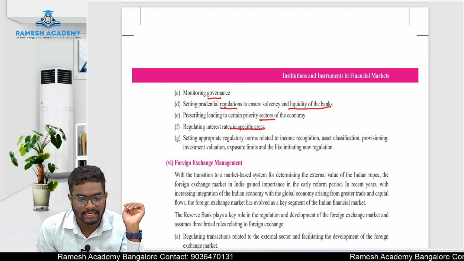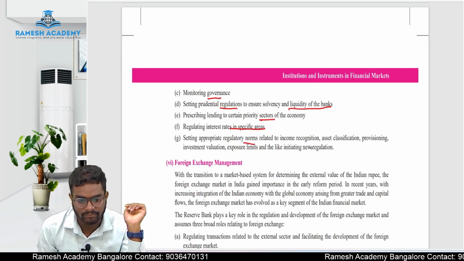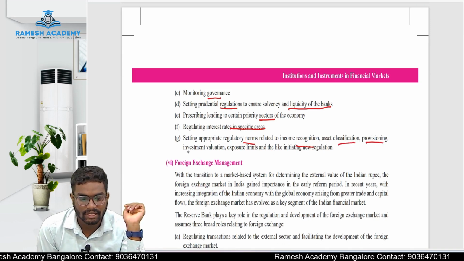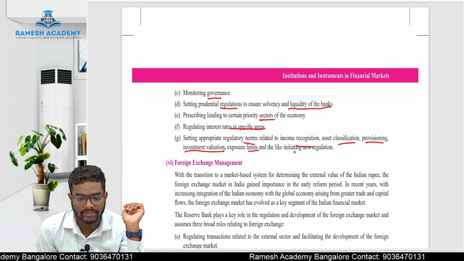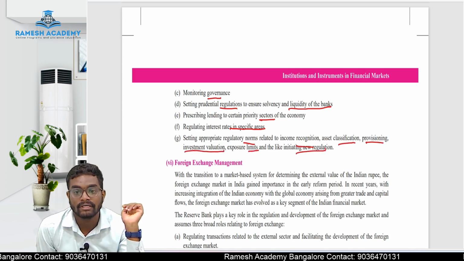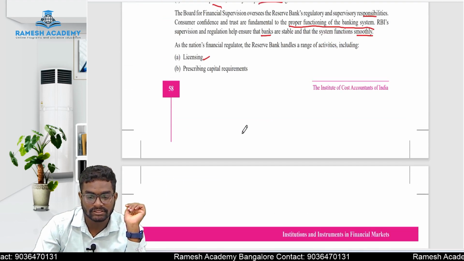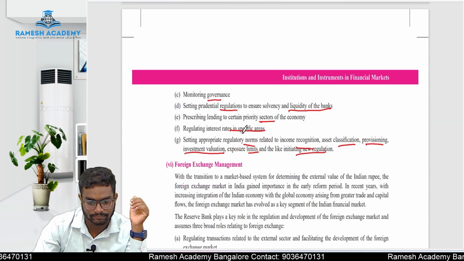Setting the appropriate regulatory norms related to income recognition, asset classification, provisioning, investment valuation, exposure limits, and initiating new regulation. So these are some of the functions or the activities of the RBI.